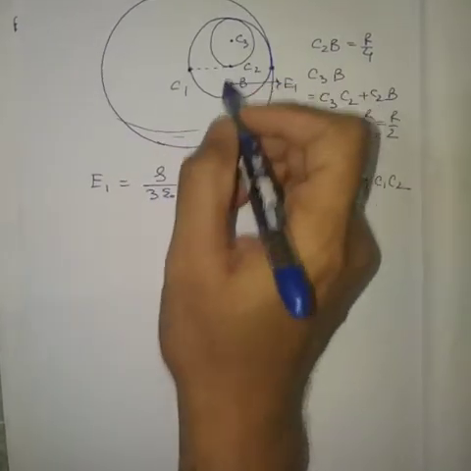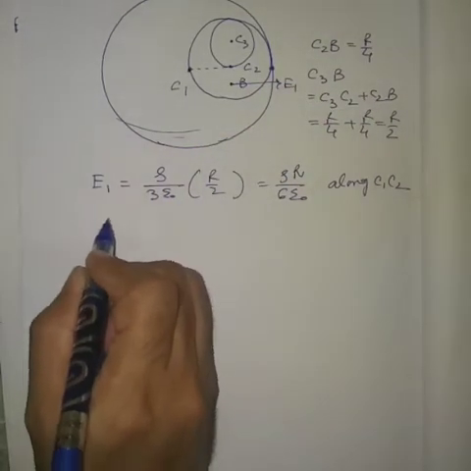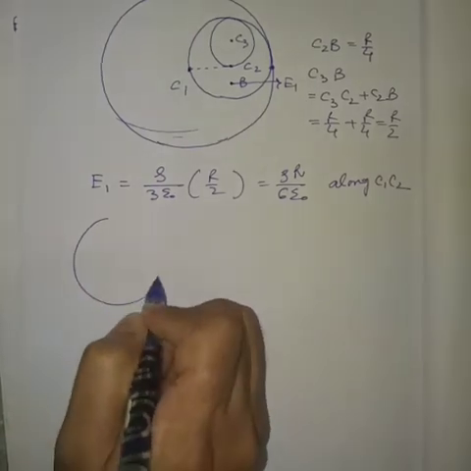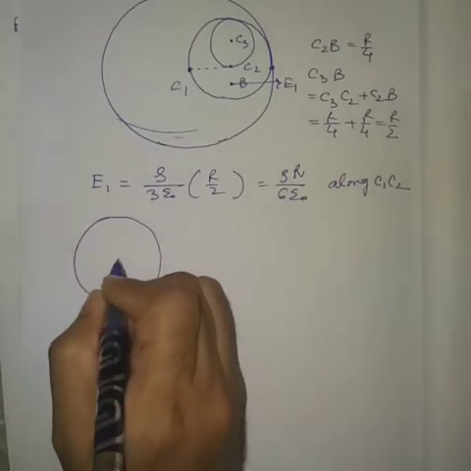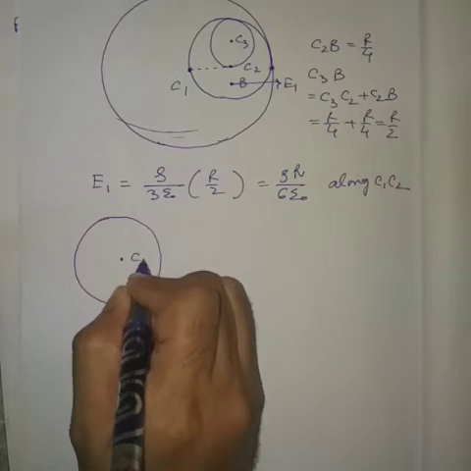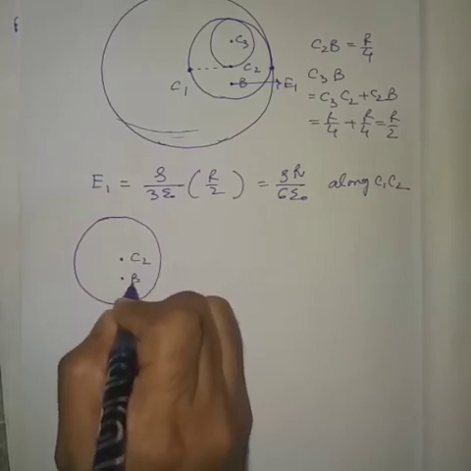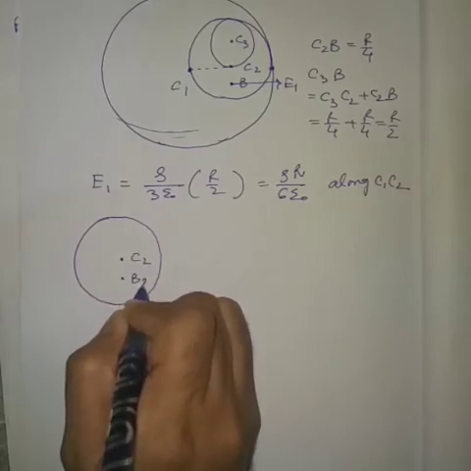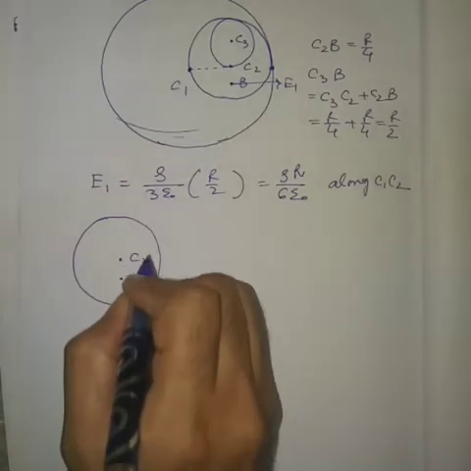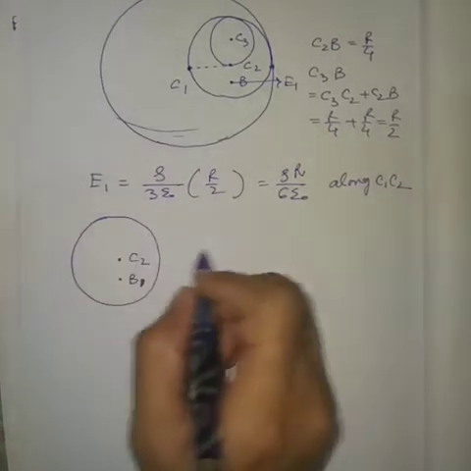Now for this sphere S2, look at the situation. This is the sphere S2, this is the center C2. We have to find out the electric field inside the sphere at a point B, and we can use the formula.